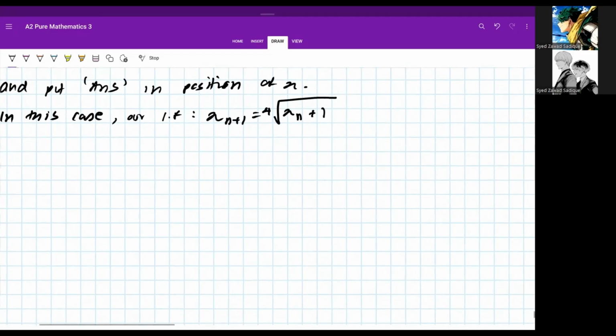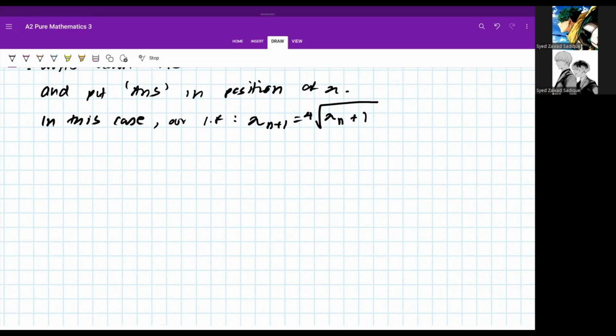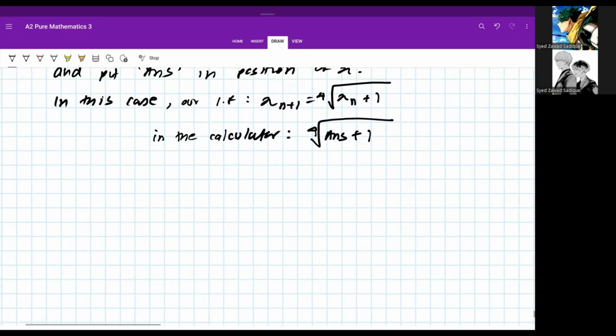Now, this is now in the calculator. In the calculator, you should write the fourth root of Ans plus 1.